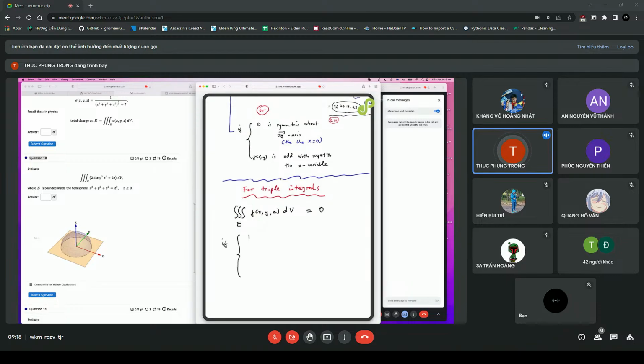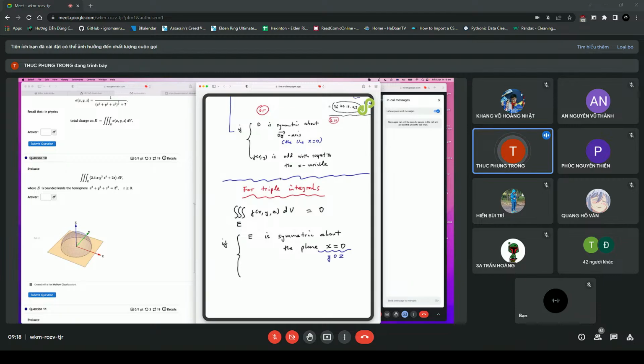the domain E, the solid E, is symmetric about the plane x equals 0. Or you can say the plane yz if you want. The same plane, right?